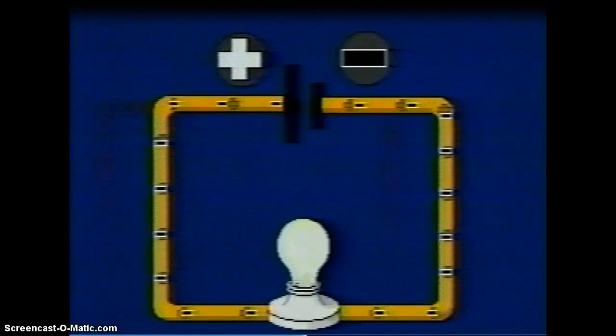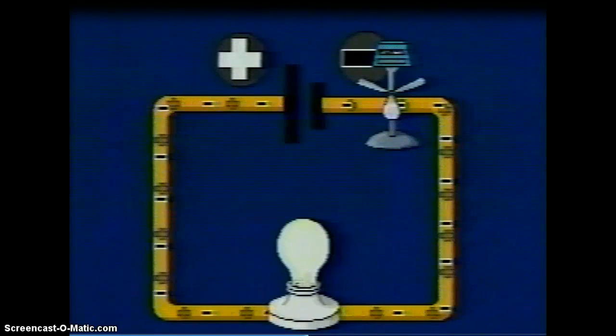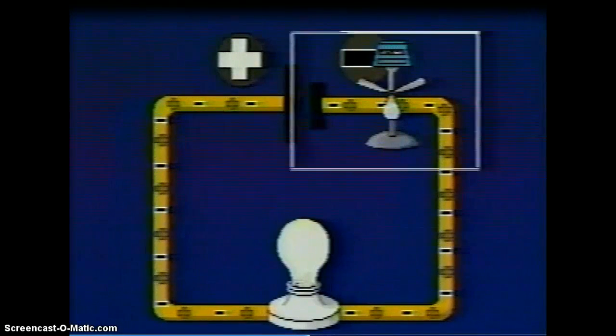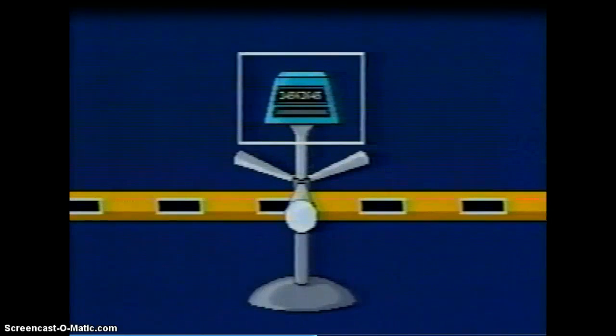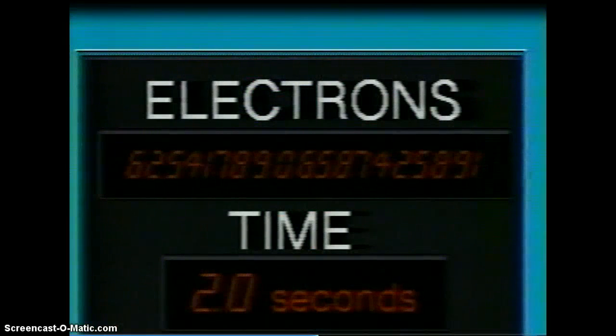But how do we express the amount of charge? Well, we might try to count the number of electrons that pass a specific point in a specific time. But electrons are so tiny that incredibly large numbers of them pass a given point in a short time.